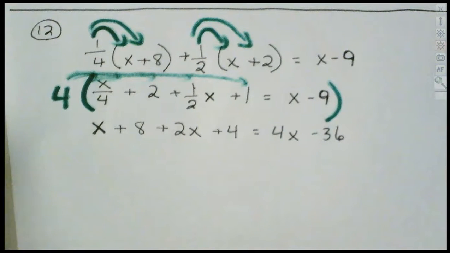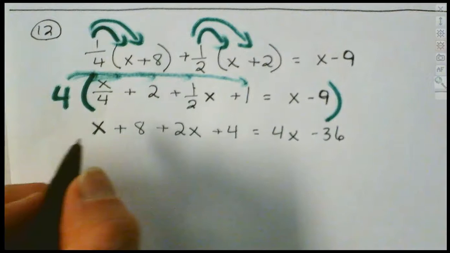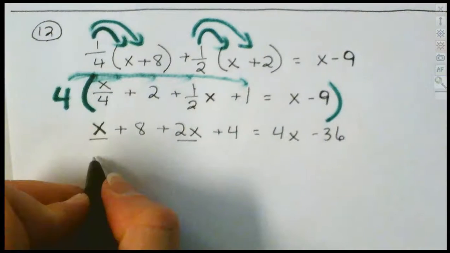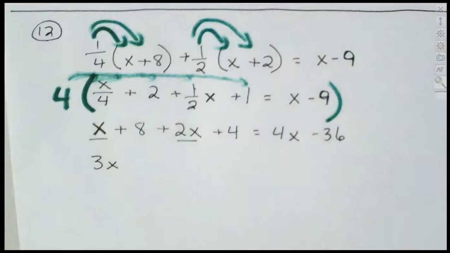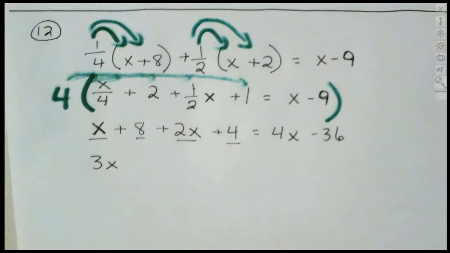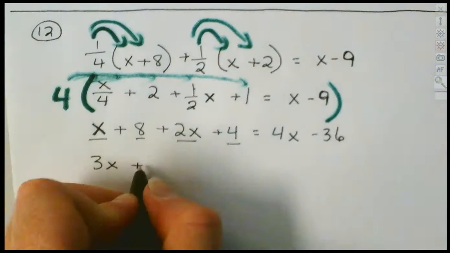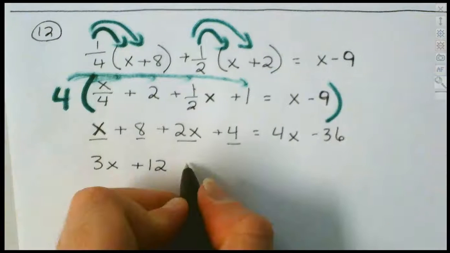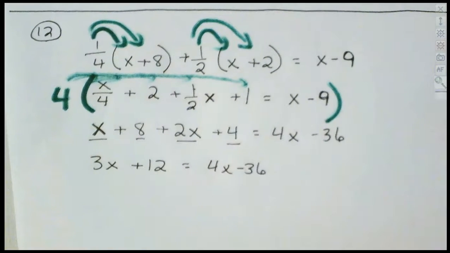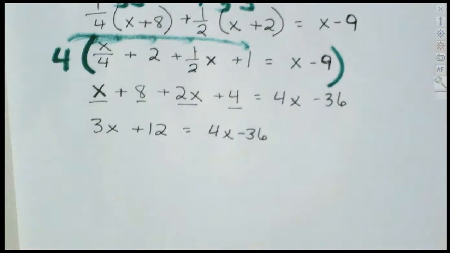And now we've got this. So what do we do? Combine like terms. So we have an x and a 2x. That makes it a 3x on the left-hand side. We have an 8 and a 4. An 8 plus 4, well, that makes it a 12. On the right-hand side, we have a 4x minus that 36.